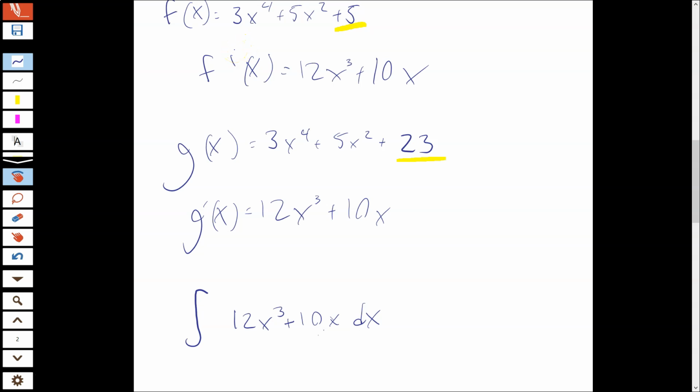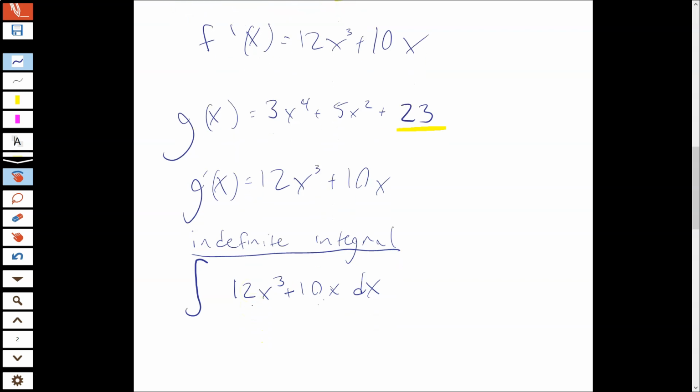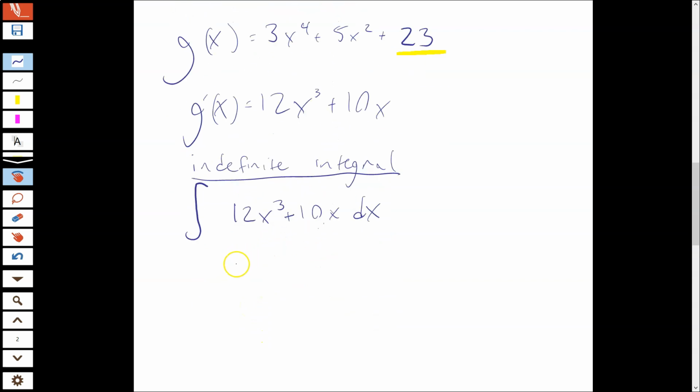So that's why we call this an indefinite integral, because it's missing information, right? It can represent the derivative of many functions. Okay, so the way we do this, easy enough.